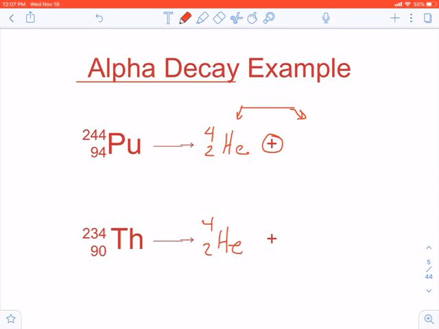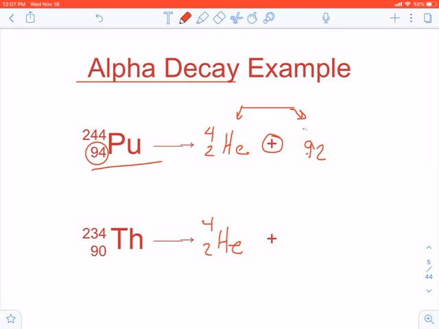All right, so we have to figure out what our mystery element is. If we look at this top one, this is plutonium. The total is 94. What plus 2 gets me 94? That'd be 92.